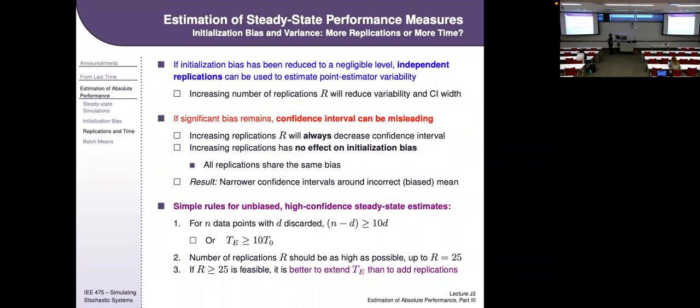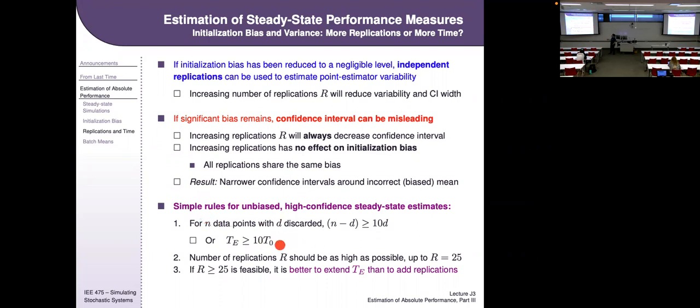a good approach to choose the end of our sim, that helps to ensure that we have a lot of data that balances out the wasted time we've had in this initialization bias, is to try to run our sim for 10 times the initialization period that we've chosen, the warm-up period.